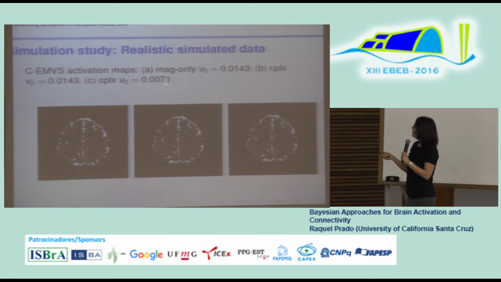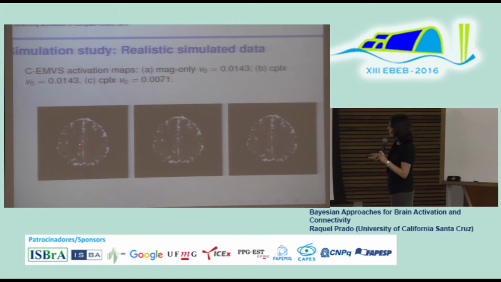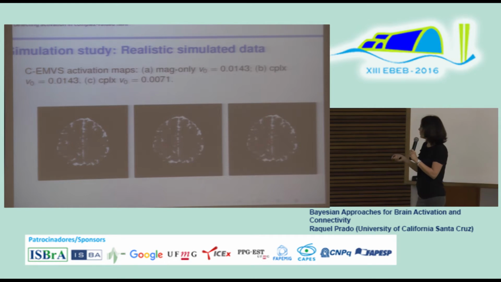So we tried a few different models. We tried all of them using the EM variable selection algorithm. We compared also with the magnitude-only model. This is my first picture here, and there is no way to see it, but there are a few red dots here, and the model misses many of the active pieces.